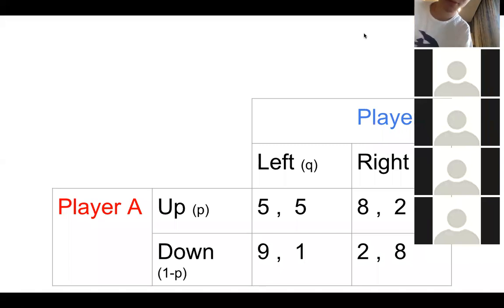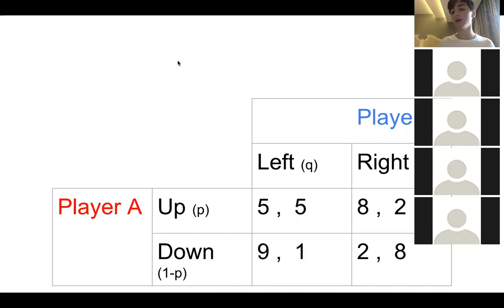All righty. So people seem to be getting it right, which is good. So let's look at the table, right? So if player A were to choose up, player B would get 5 payoff if they went left.